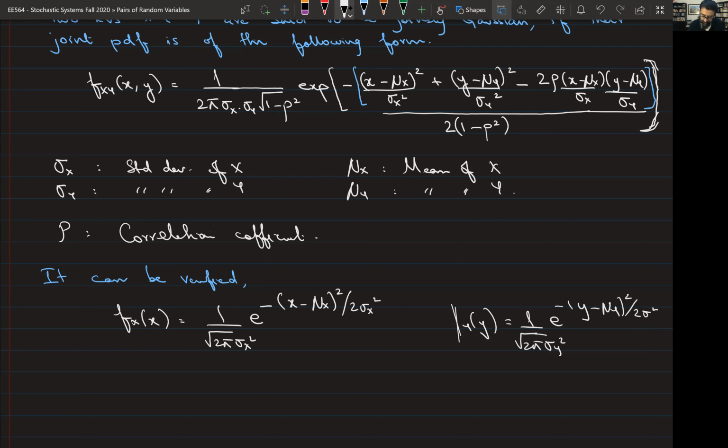Okay. So this is something for you to try on your own. And actually, let me write something else as well, something else for you to try. The conditional distribution is also Gaussian with the mean equal to mu x plus rho sigma x by sigma y times (y minus mu y).